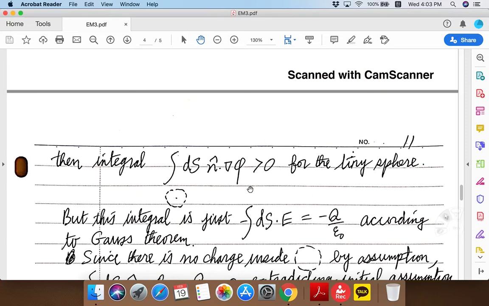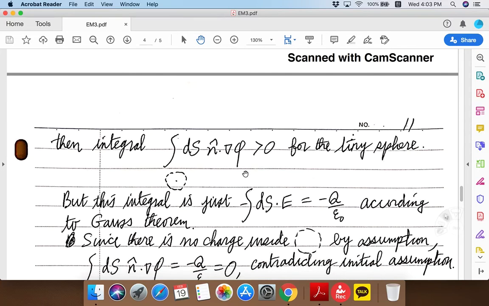If you integrate a whole bunch of positive numbers, the result is necessarily some positive number. But this integral also happens to be nothing but the surface integral of the electric field. So this integral basically measures the electric flux penetrating through this imaginary sphere that surrounds R minimum.